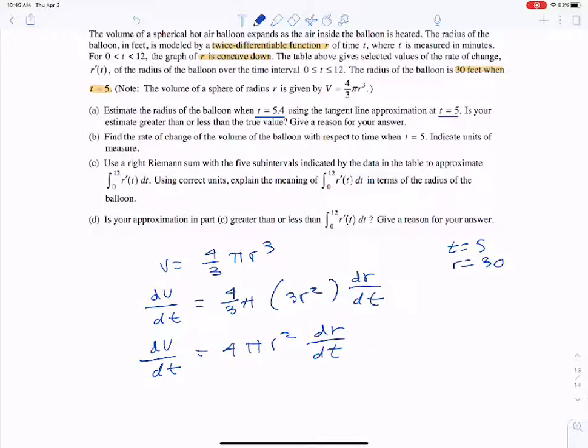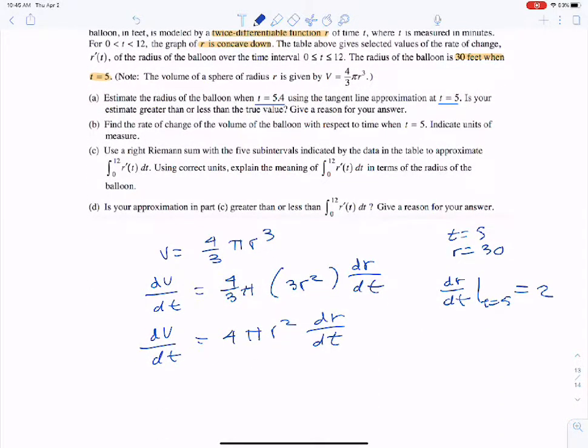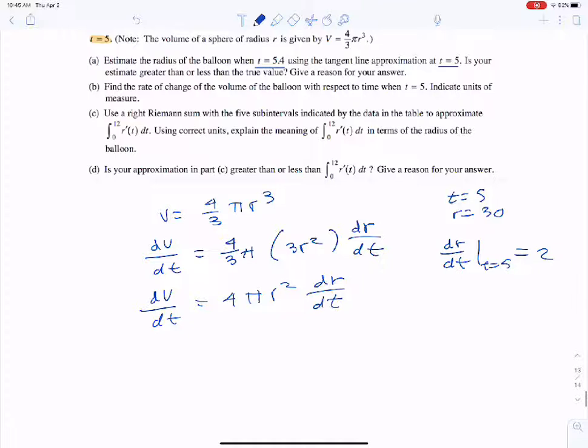We also know that dr/dt at time 5 equals 2. So I can plug those values in here. I'm going to say dV/dt equals 4 pi times r squared, which is 30 squared, times dr/dt, which is positive 2.